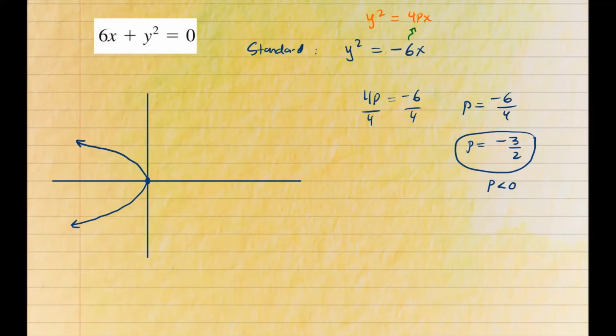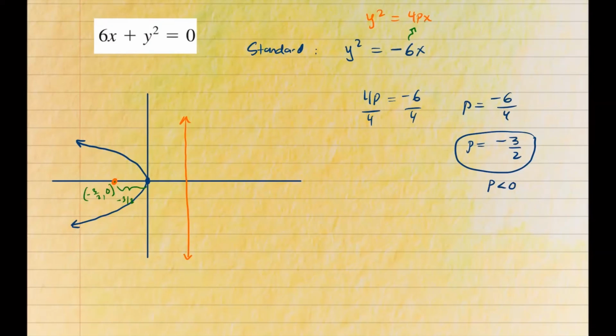Now, the focus is going to be this point right here, and the directrix is this line right here. So we know those are always p distance away from the vertex. Now, what is p? Well, we know that p is -3/2. So that means this number right here is going to be -3/2, 0, because the x-coordinate just moved 3/2 units to the left.